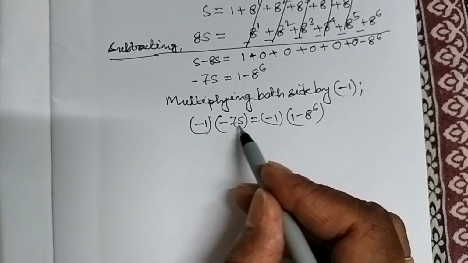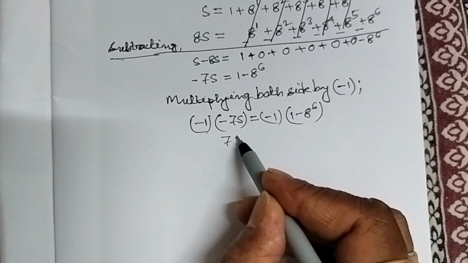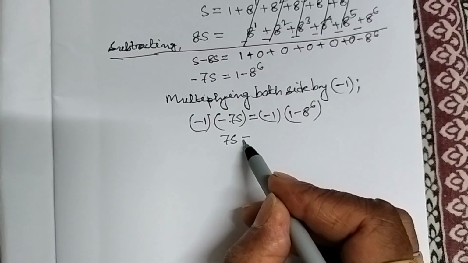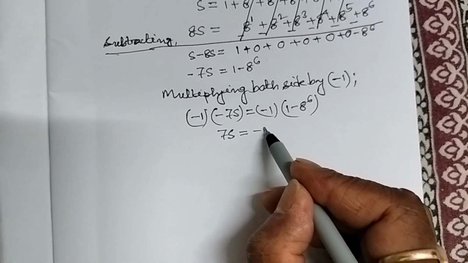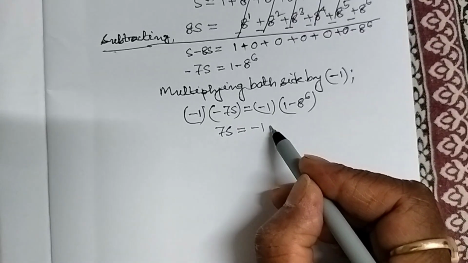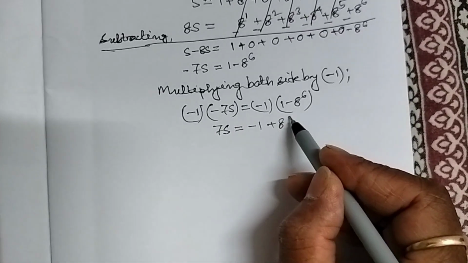Therefore, minus 1 into minus 7S equal to minus 1 plus 8 to the power 6.